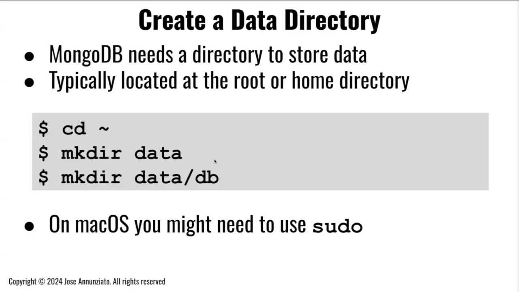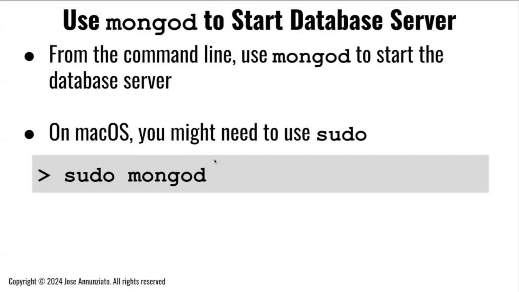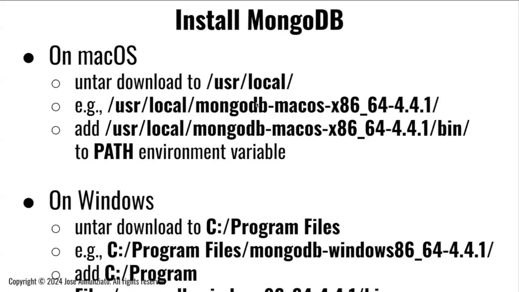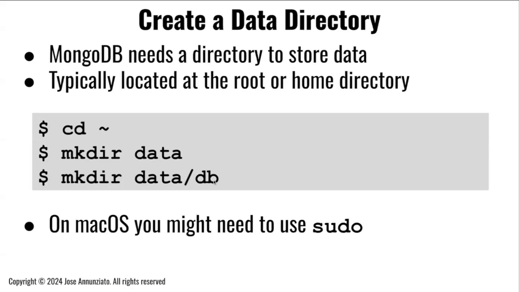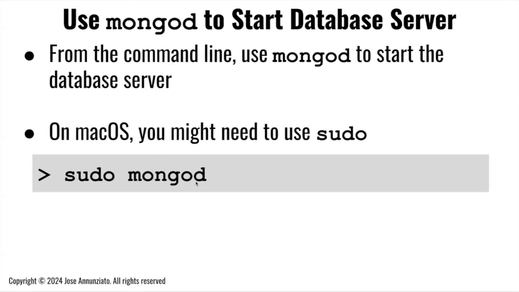Once you do that, you can start the server by running mongod. You can just run mongod if you added the bin directory to your path. Or if you didn't, then you would have to say user local something something something bin, and then mongod.